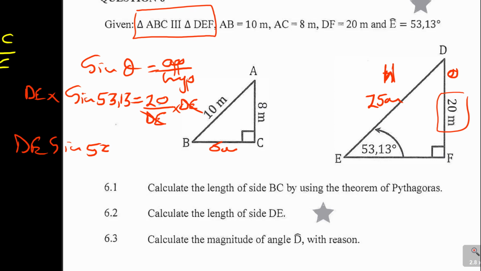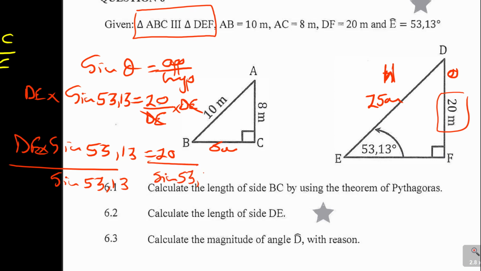Now you've got DE sine 53.13 is equal to 20. Now you want to remain with DE, so divide by sine 53.13, even here divide by sine 53.13. When you do that, you are left with your pure DE.